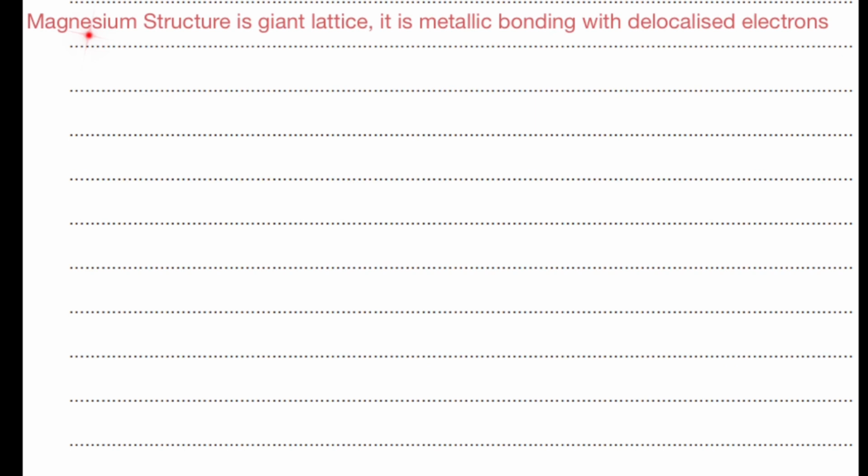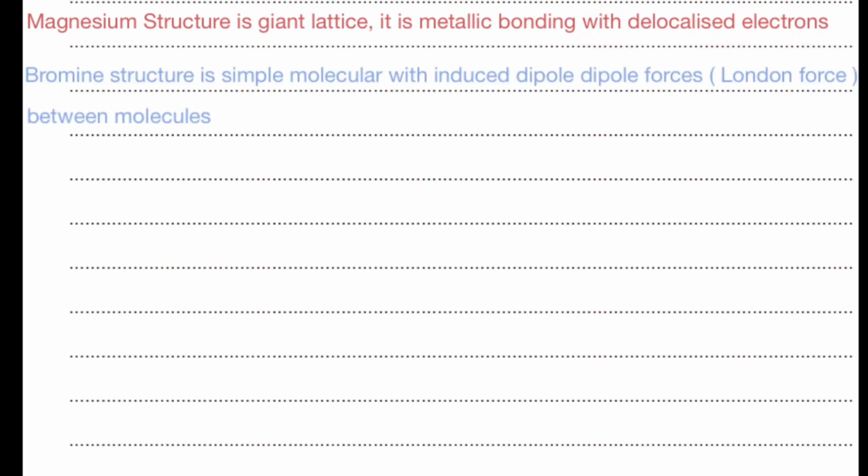For the magnesium structure, it's a giant lattice. It is metallic bonding with delocalized electrons. And if we look at the bromine structure, it's simple molecular with induced dipole forces, London forces between the molecules. I'm talking about Br2 and another Br2 and another Br2 linked together by induced dipole forces.